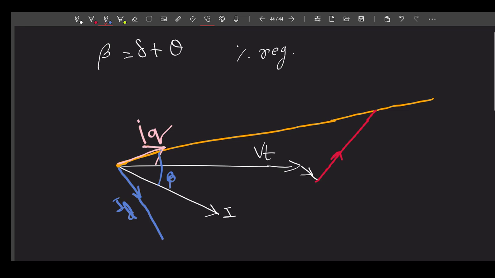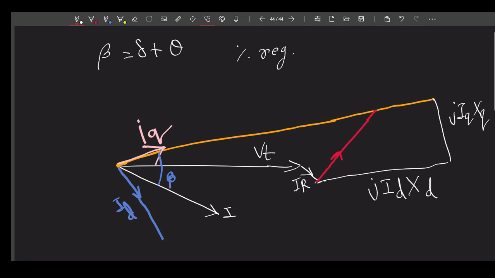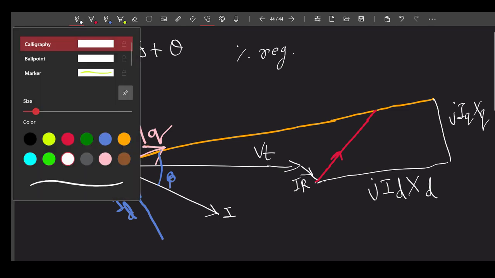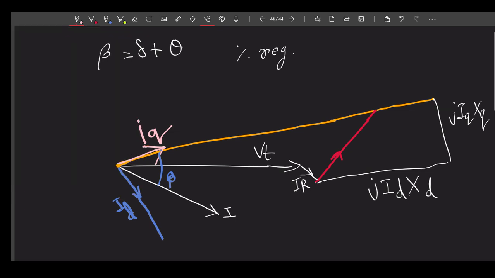This is our beta. Now, here we have IR. Let me draw jIdXt. This is jIqXq.